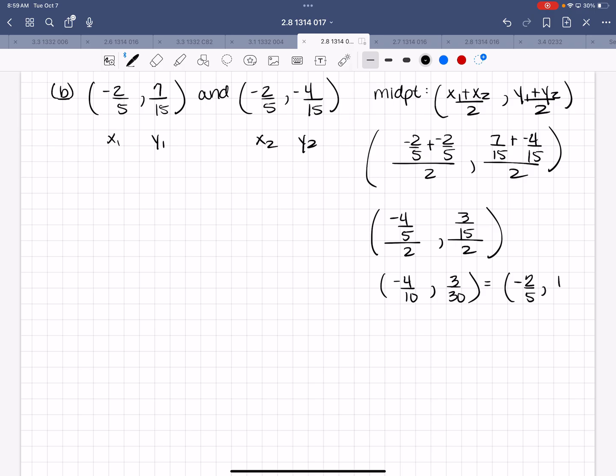And 3/30 is 1/10. If you have the multi-view calculator, you can actually set it up as a fraction.